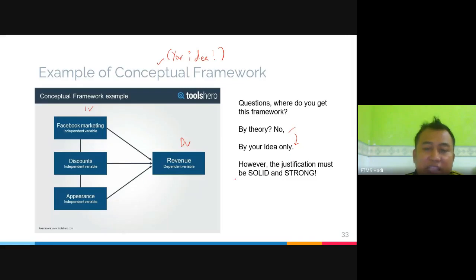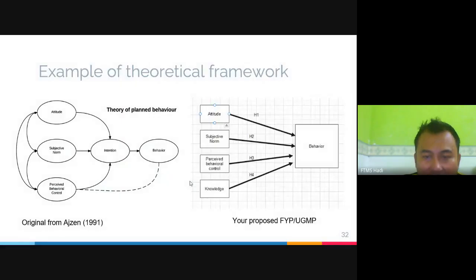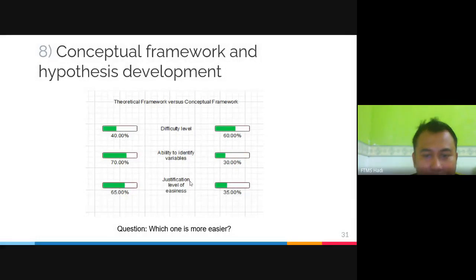However, there are disadvantages of a conceptual framework. The justification in the literature review must be solid and strong, because you don't have a theory as a base. So when you talk about this framework, you need to justify strongly why you chose it. If you ask which one is better, conceptual or theoretical, have a look at this comparison.